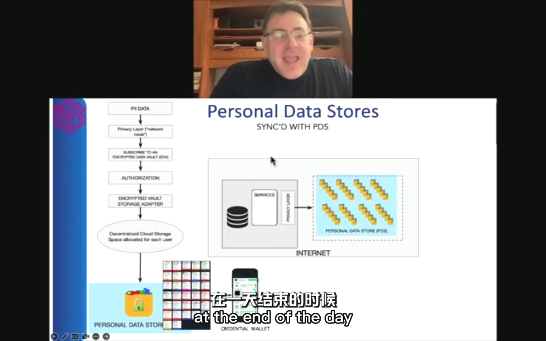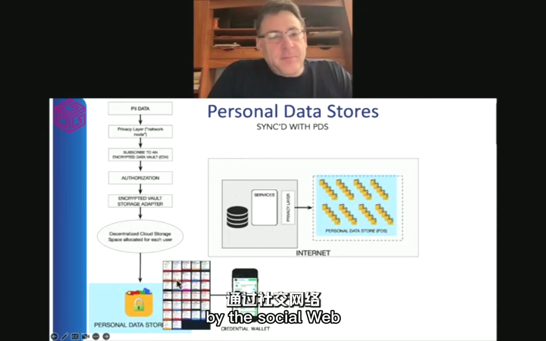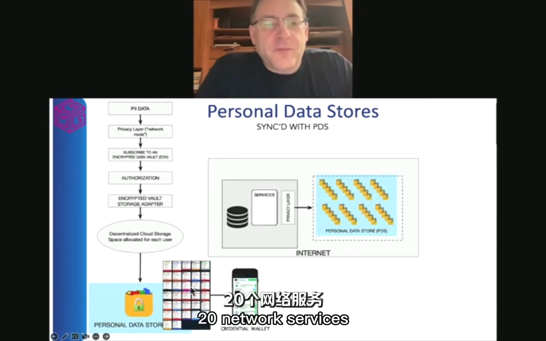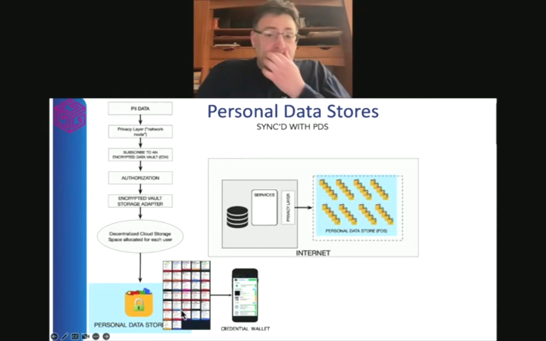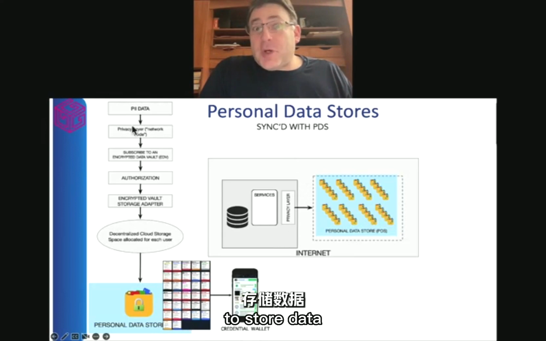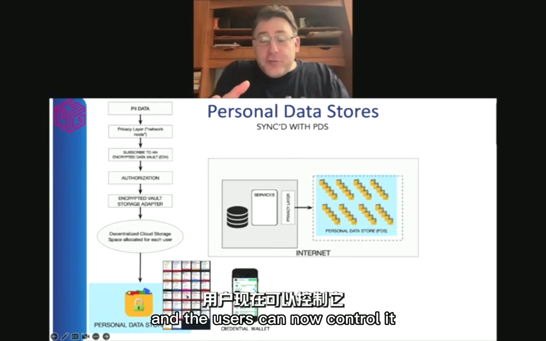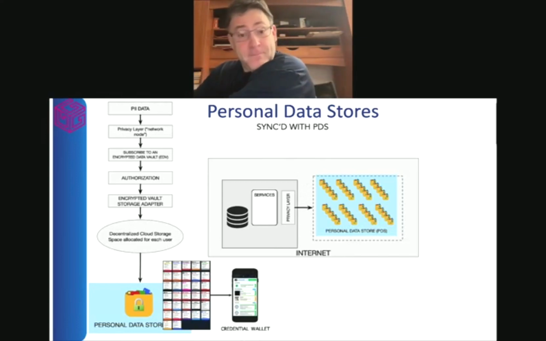At the end of the day, our personal data store can store all of the data that is being exported by the social Web 2.0 network services. And so you have a credential wallet, and in our ecosystem, we are able then to store data in our GODE ecosystem, and the users can now control it.